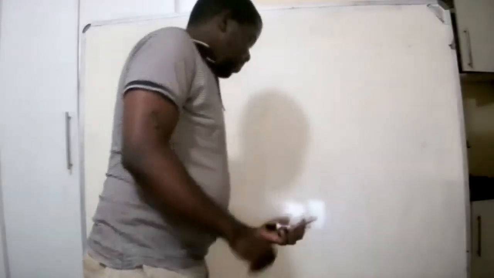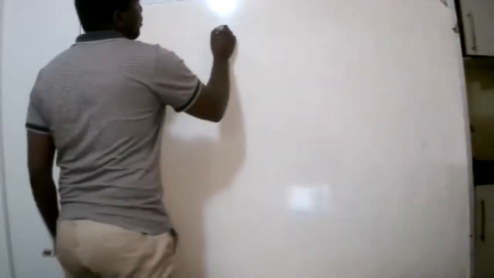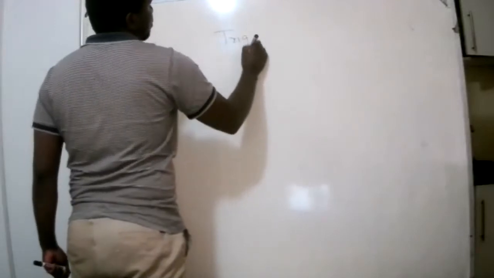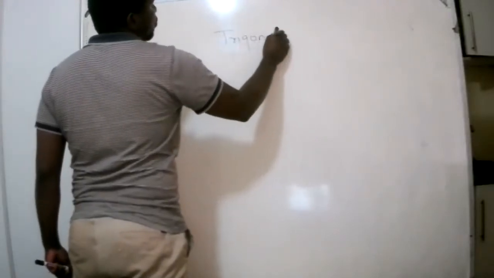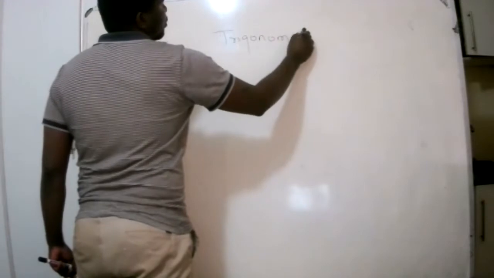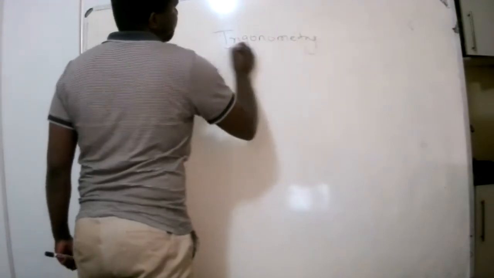All right. I think we have done enough about simultaneous equations. It's time to move to other chapters, of which today I will start a chapter of trigonometry.